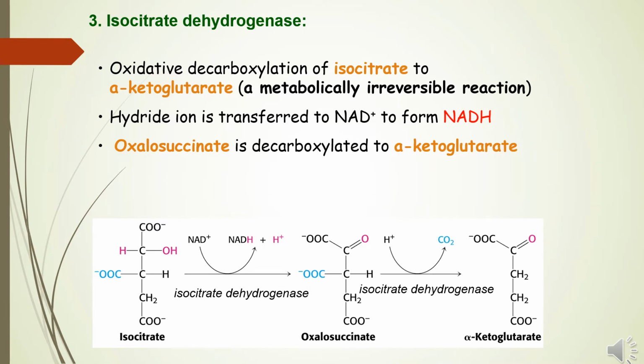This reaction occurs also in 2 steps. Isocitrate is dehydrogenated to oxalosuccinate, where hydride is transferred to the coenzyme NAD.